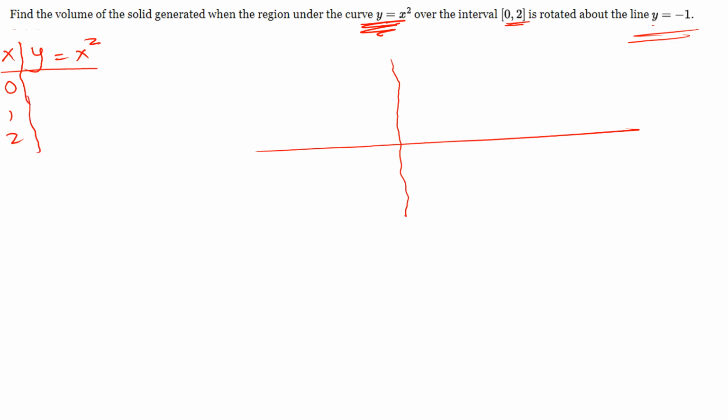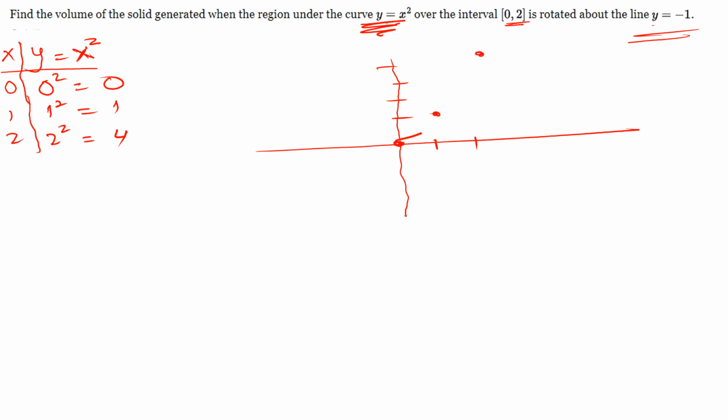If I replace x with 0, I will get 0. If I replace x by 1, I will get 1. If I replace x by 2, I will get 4. So on the 0, I have 0. On the 1, I have 1. And on the 2, I have 4.